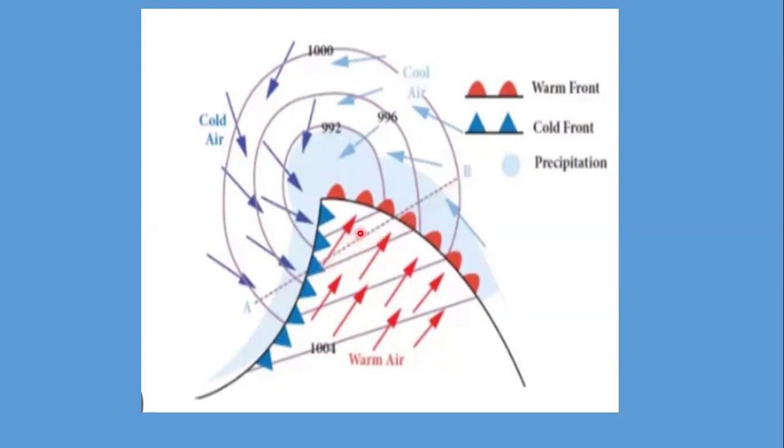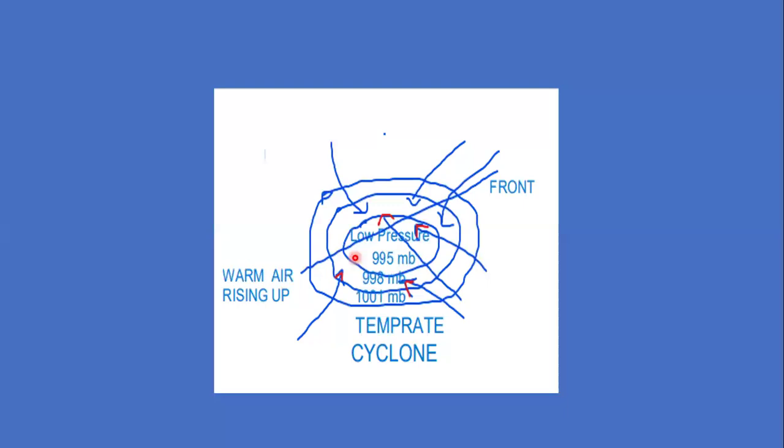A low pressure area is formed, and to fill that low pressure area, the warm winds from the lower regions and the cool winds from the higher altitude rush to fill it. The warm winds and the cool winds meet. Where the warm winds and the cool winds meet is known as the front.